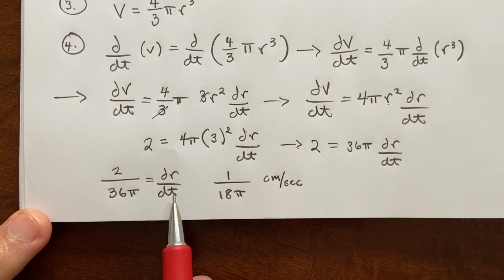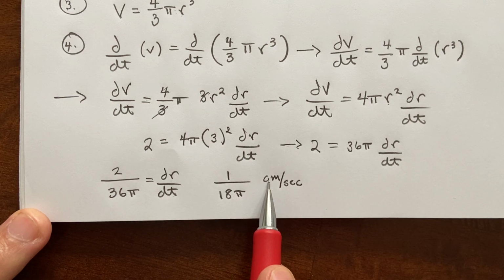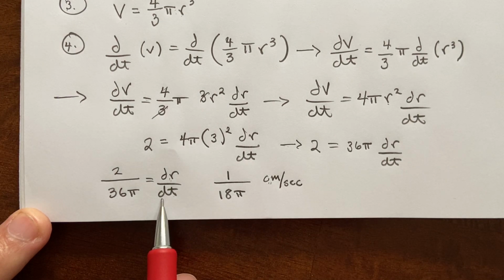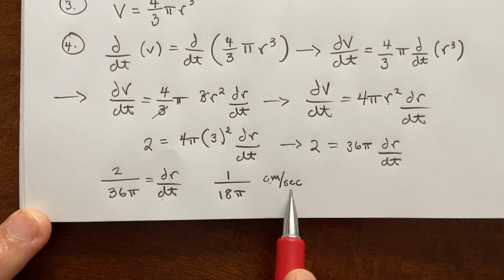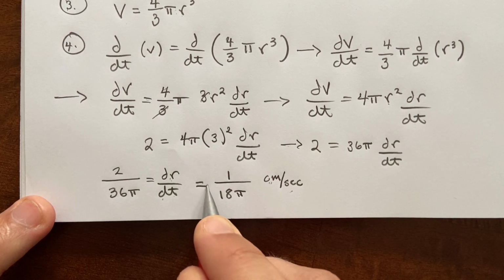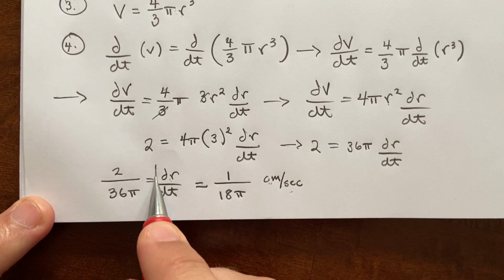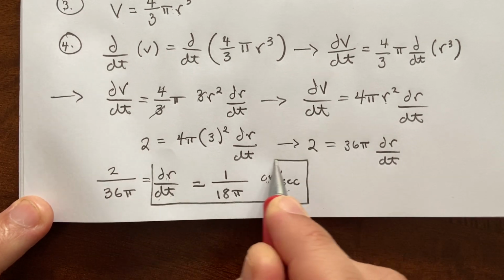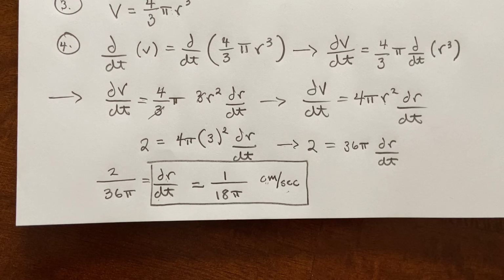Since it's dr/dt, that's the change of a radius, in other words distance, over the change of time, in other words seconds. So this would be dr/dt in simplified form. In other words, the rate of change of the radius with respect to time, exactly at the moment when the radius is 3 centimeters.